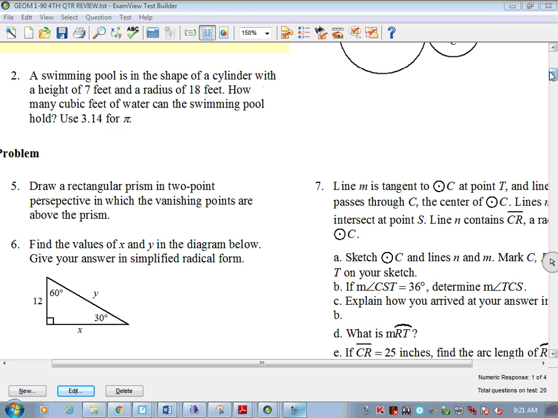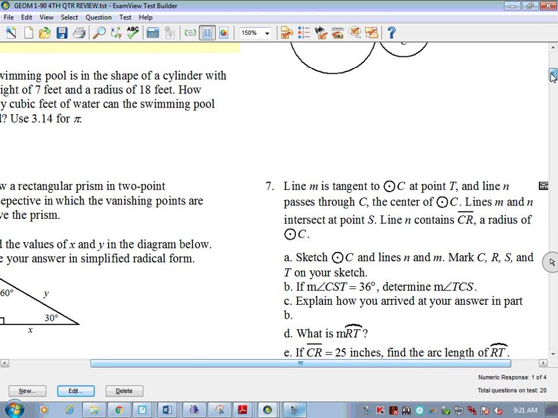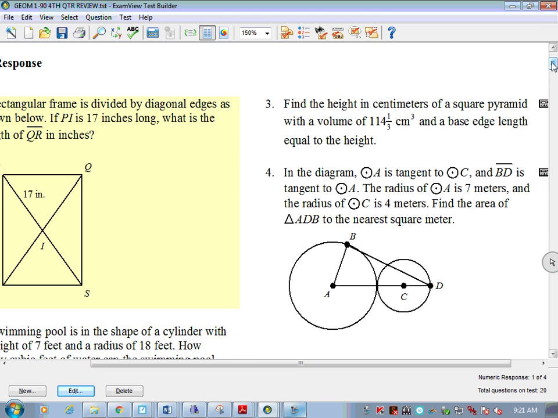All right, number 3. We want to find the height in centimeters of a square pyramid that has a volume of 114 1/3 centimeters cubed and a base edge length equal to the height. Interesting. So a square pyramid, something like this, and we want to find the height.